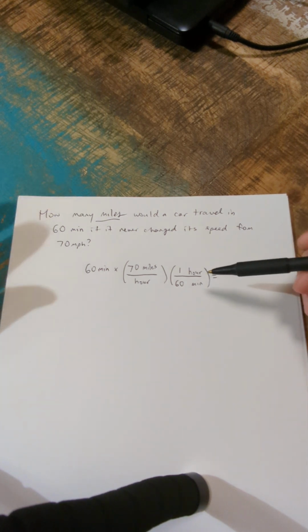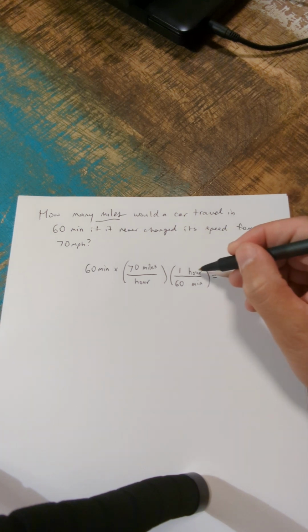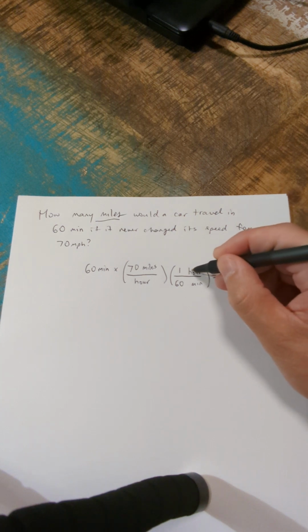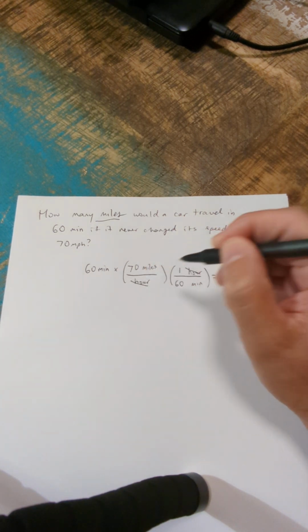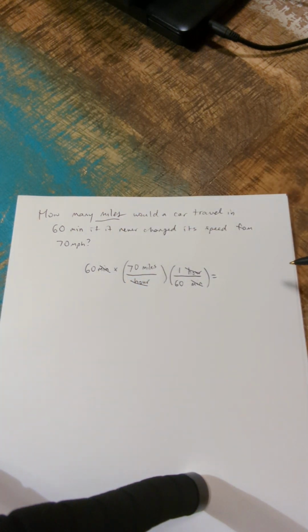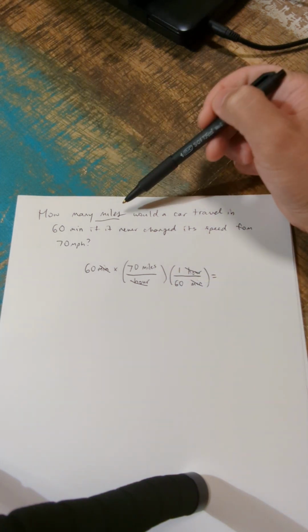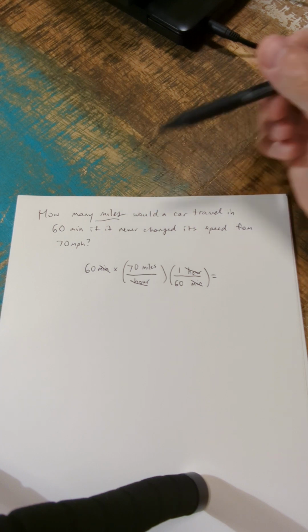Okay, now we can look at units, which is the words, in the top and the bottom. If they are present in both, they cancel out. So hours and hours cancel. Minutes and minutes cancel. And we are left, there's only one unit left, miles. And that's what the question is asking for.